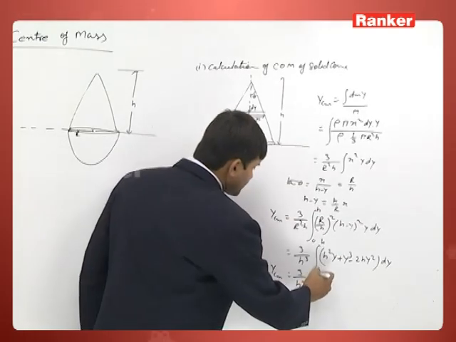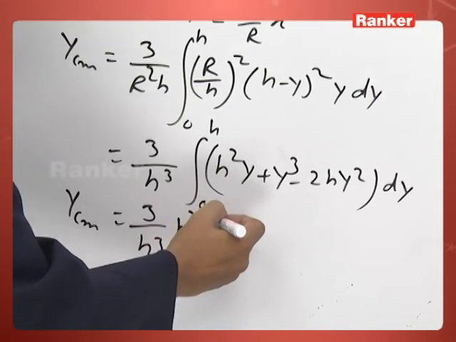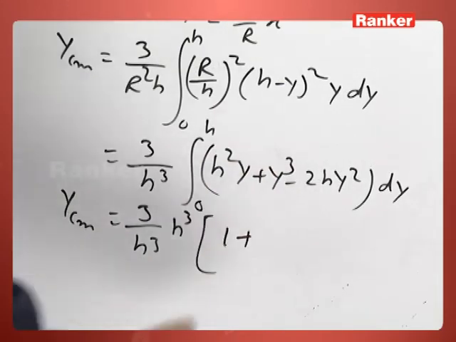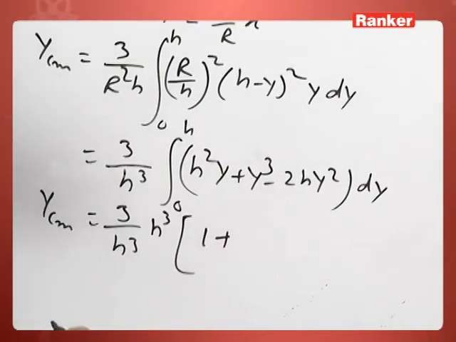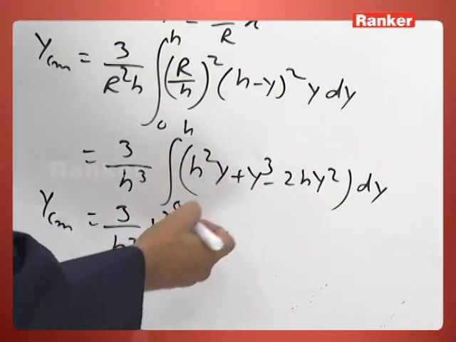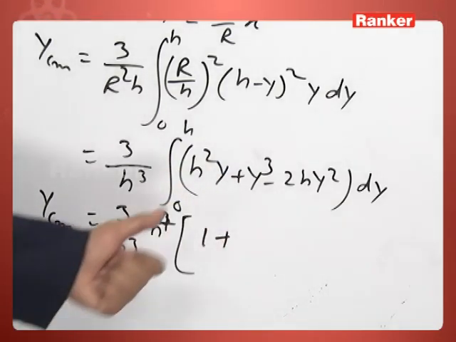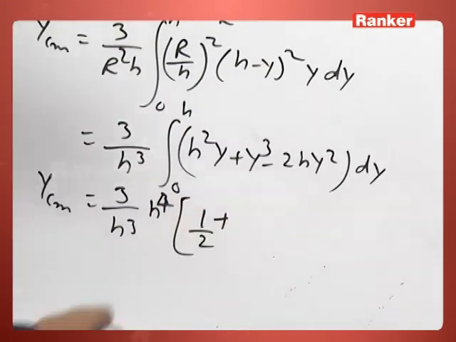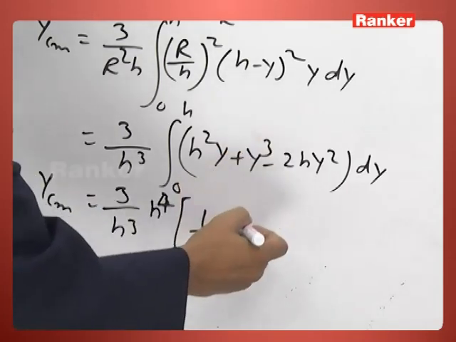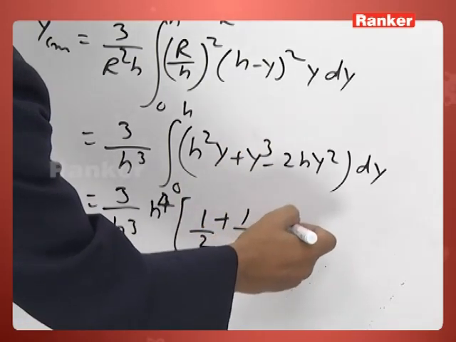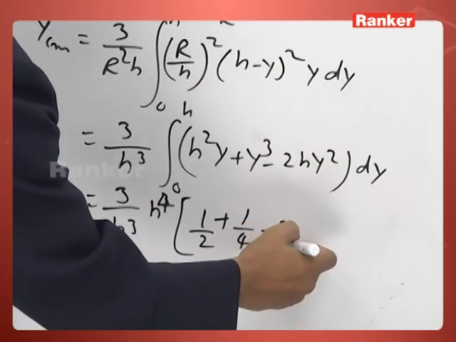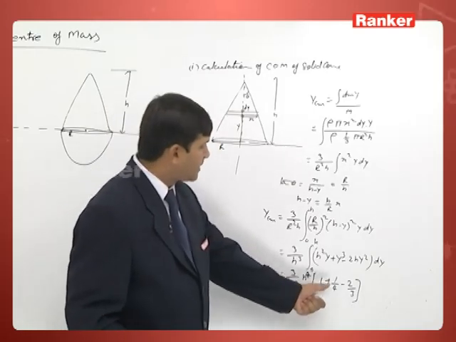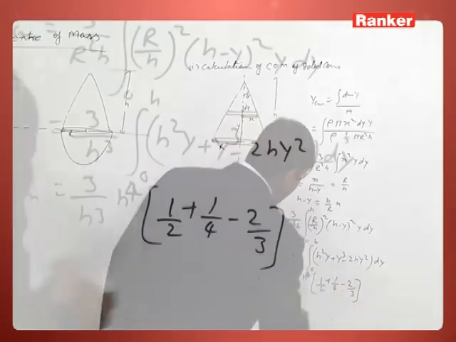Now simplify this. h cube we can take common. We can take h to the power 4 common: y square by 2, so 1 by 2, y to the power 4 by 4, so 1 by 4, minus 2 y cube by 3. So finally, when we are simplifying this, take LCM 12.